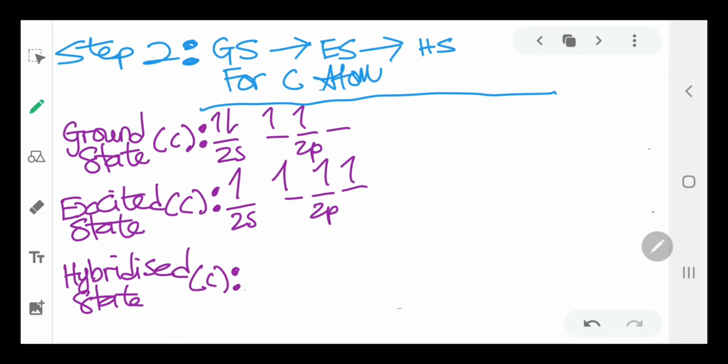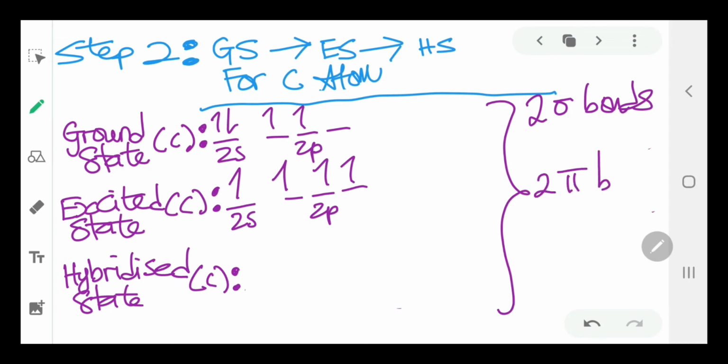Now, just now we have talked about how the carbon in CO2 has 2 sigma bonds and 2 pi bonds.